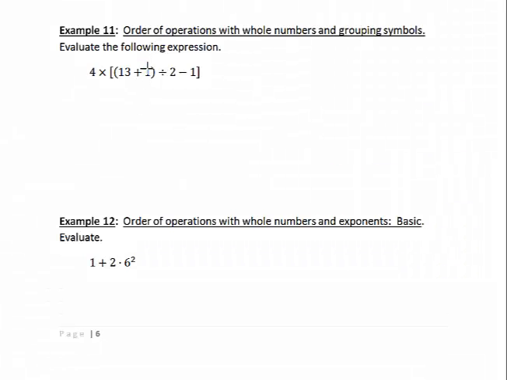Example 12, evaluate the following expression, and we see something sort of new in regards to the previous examples. We didn't have grouping symbols in the previous example, so we'll go ahead and write down PEMDAS. So we have parentheses. We don't see any superscripts, so there are no exponents.